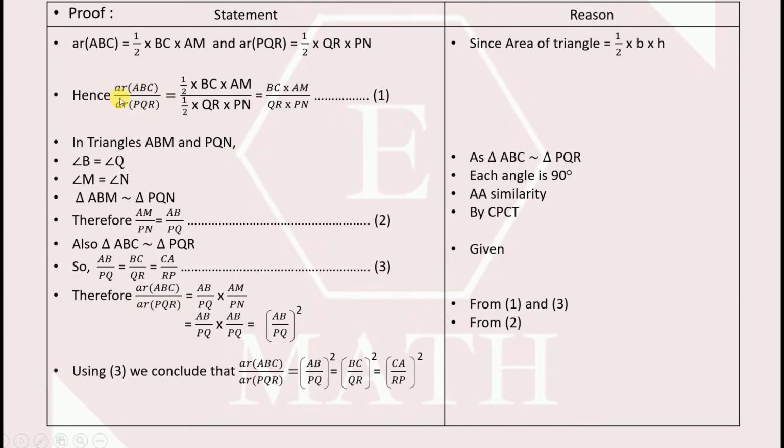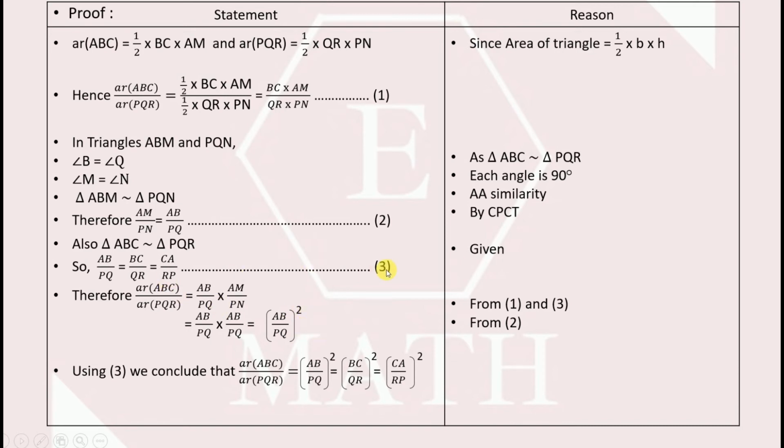and therefore this ratio, if you consider it again, area of triangle ABC divided by area of triangle PQR will be equal to BC by QR into AM by PN, right? So AM by PN is as it is. Instead of BC by QR, we are just substituting the equal value, that is AB by PQ. And AM by PN is again equal to AB by PQ itself. So AB by PQ into AB by PQ will be equal to AB by PQ the whole square.